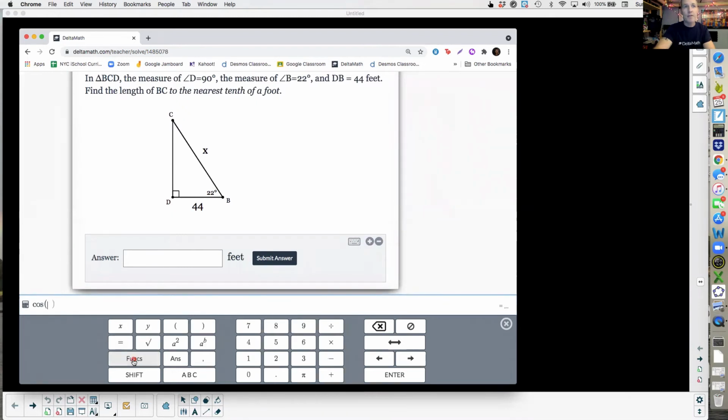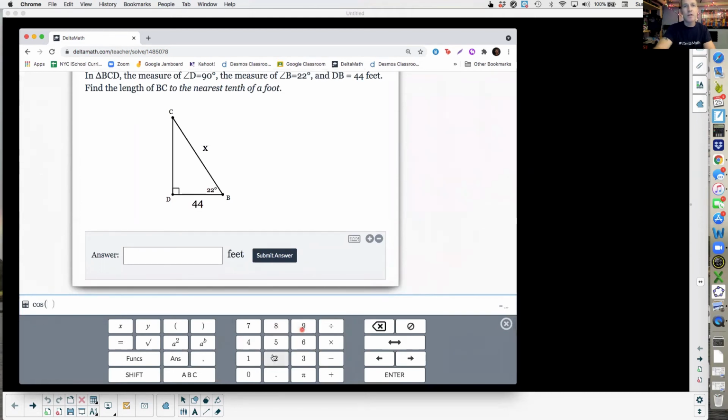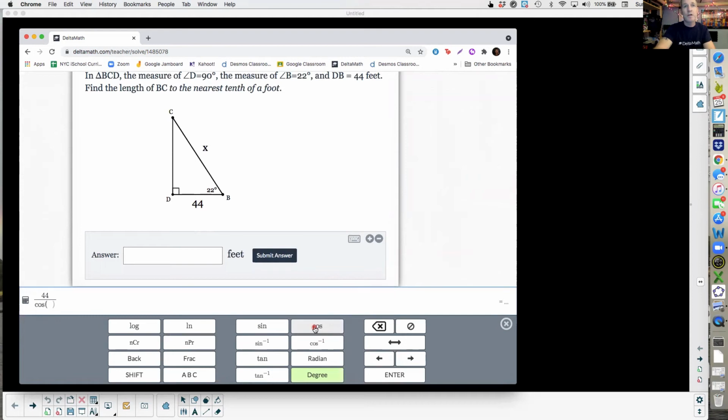I'm going to go back, and you don't have to worry about degree mode because it's defaulting into degree mode here. Cosine of 22. Oh no, hold on. That's not right, right? Because I'm dividing by the trig function. So let's go back. So it was 44 divided by cosine of 22 degrees.